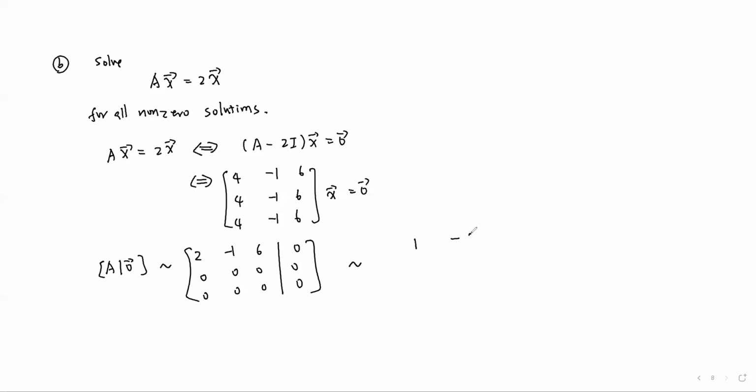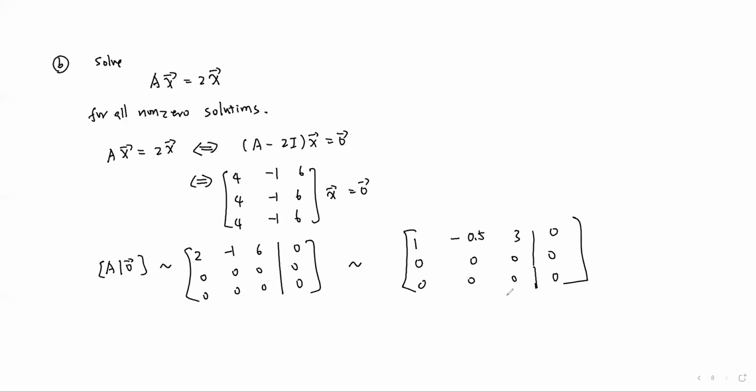We get 1, negative 0.5, 3, 0, and zeros. This final matrix is in reduced echelon form.